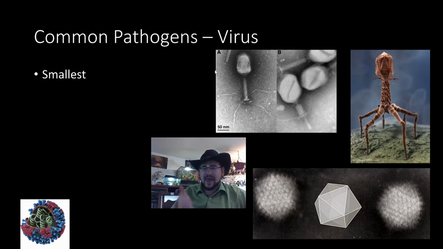Does that mean I am absolutely correct? No, the debate continues, but I think that they're a living organism. You'll find a lot of virologists think they're a living organism. So when I say they're the smallest living organism, remember what I just told you. So the virus is the smallest living organism, right?